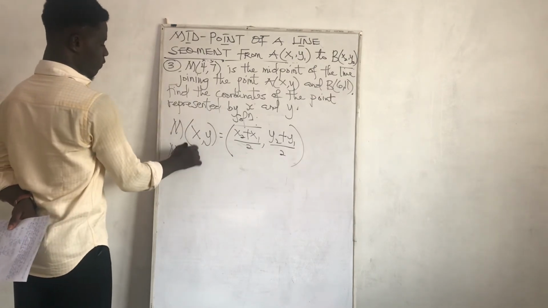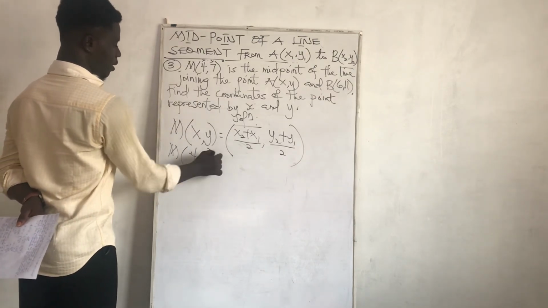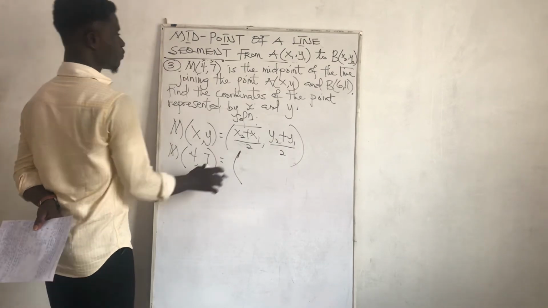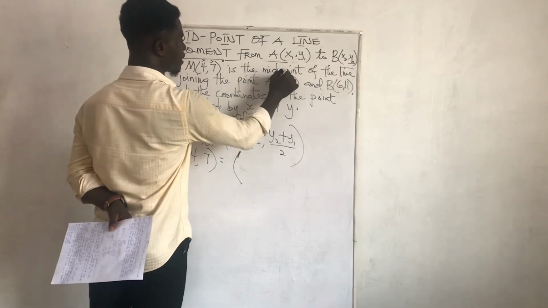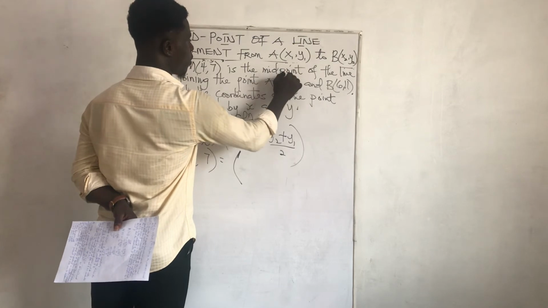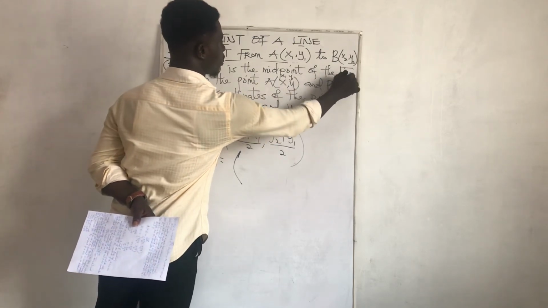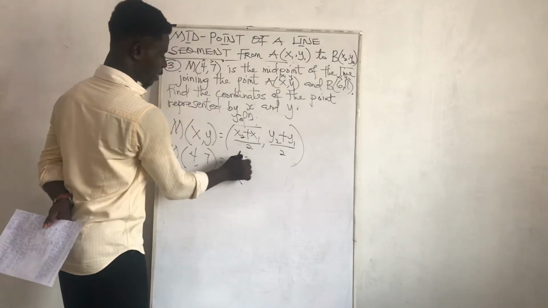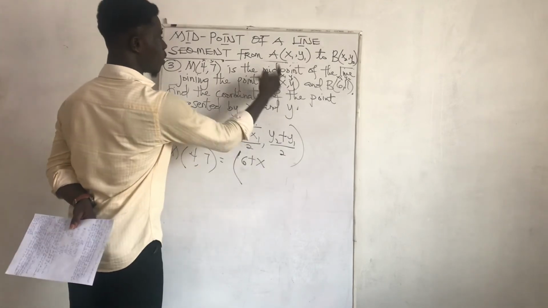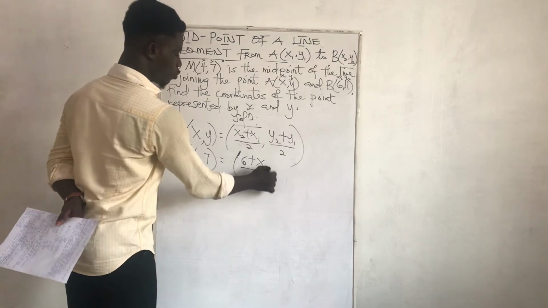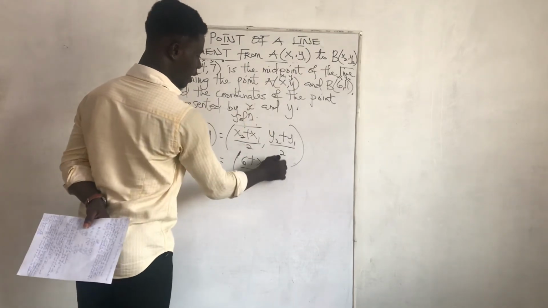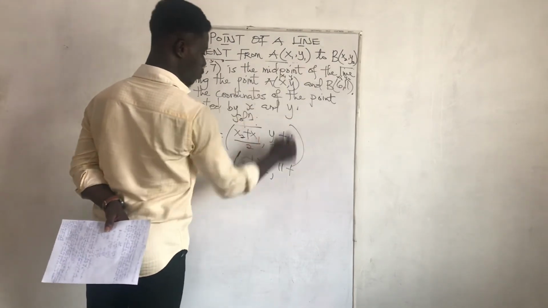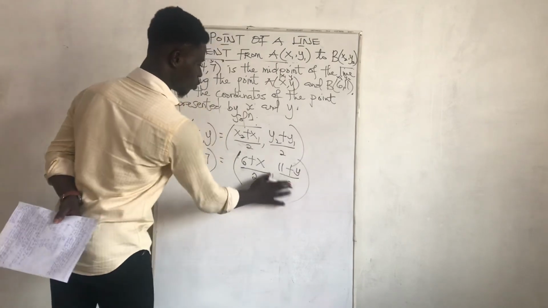So x is 4, then y is 7, which must be equal to, now let's see, this one is x1, this one is y1. Then this one is x2, this one is y2, right? So I have my x2, which is 6, plus x1, which is x, all over 2. Then y2, which is 11, plus y1, which is y, all over 2.